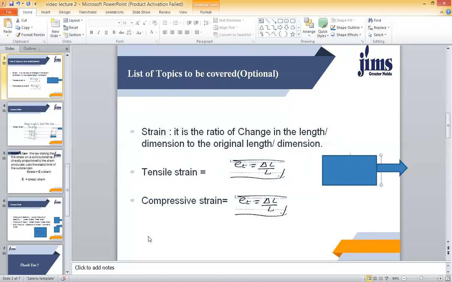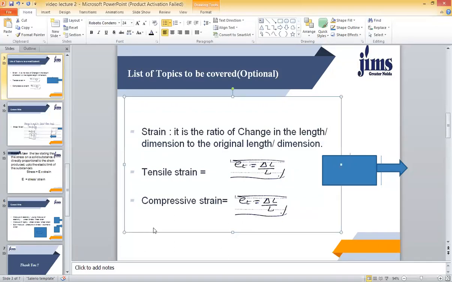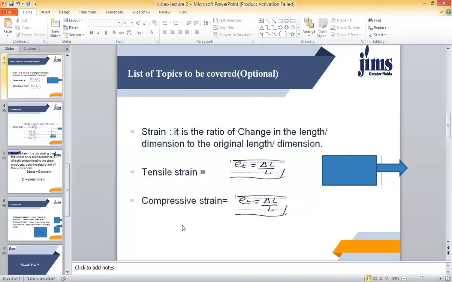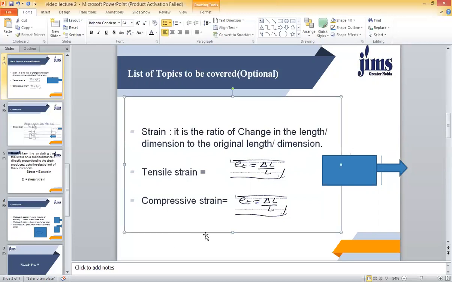It is the change in width. If I applied the load in the longitudinal direction, then the change in width to the original width is called the lateral strain. Understood? So there is a lateral strain. What is lateral strain?